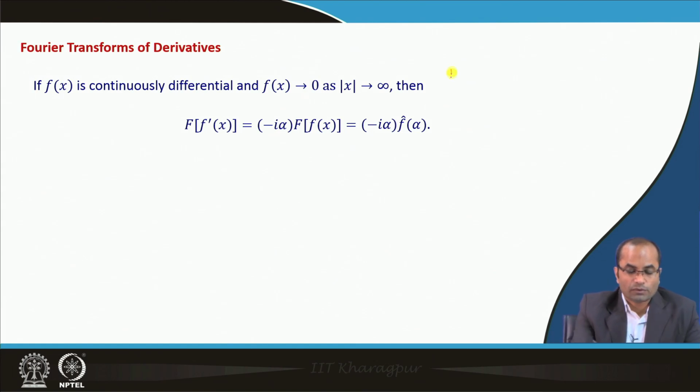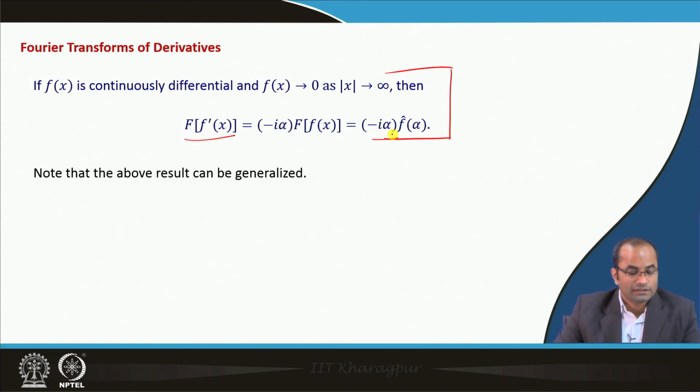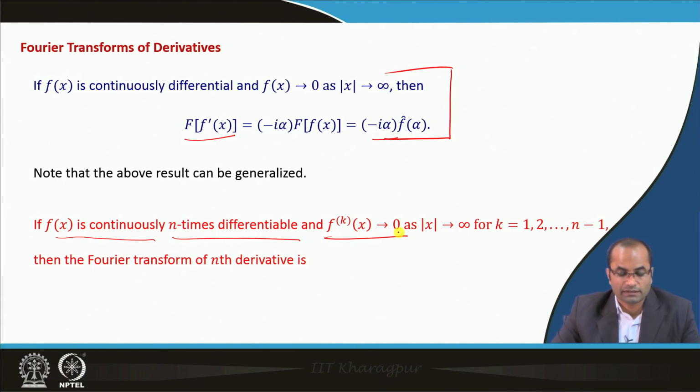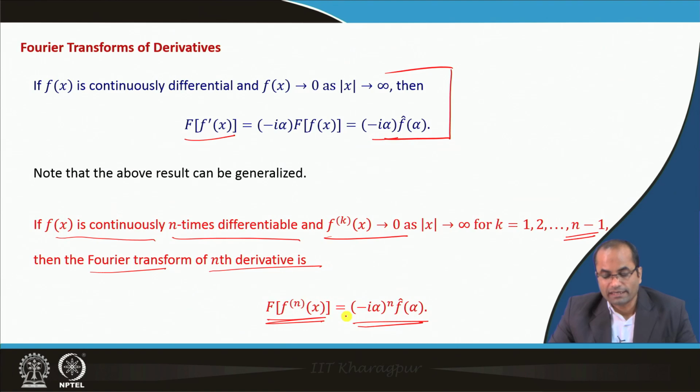Well, having this property of the Fourier transform, which says that the Fourier transform of f prime is minus i alpha times the Fourier transform of f(x), we can generalize this result for the higher order derivatives. That says that if f(x) is continuously n times differentiable, and we have this property again that f^(k)(x), the kth derivative of f, goes to 0 for k equal to 1, 2, 3, up to n minus 1, then the Fourier transform of the nth derivative will be simply minus i alpha, every time coming out from this Fourier transform.